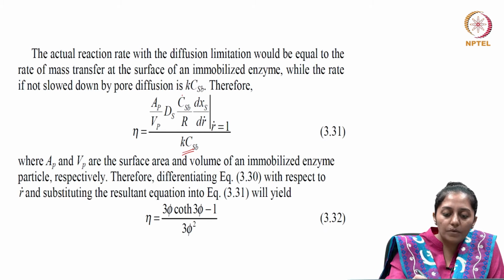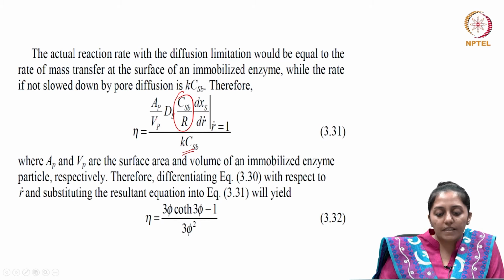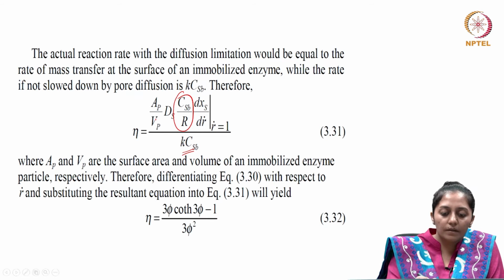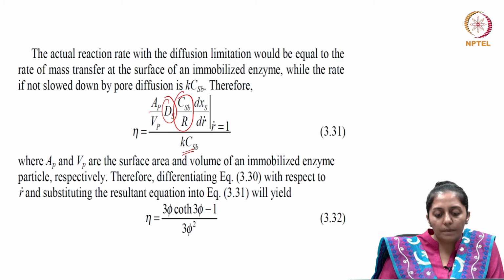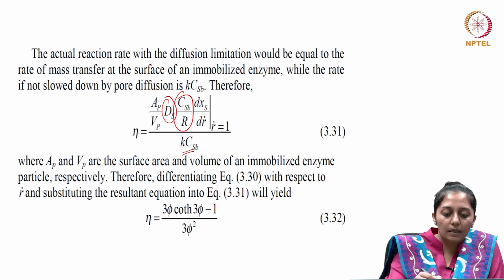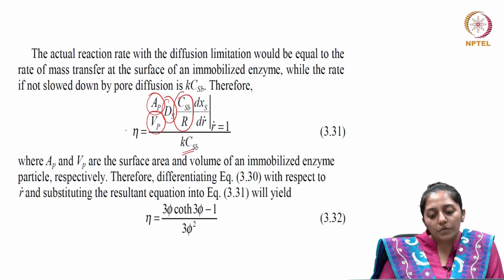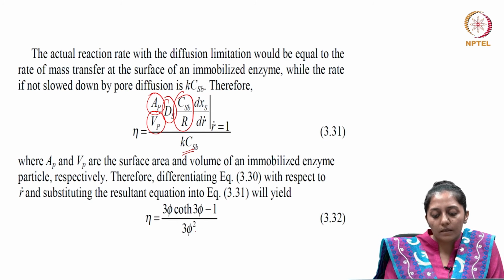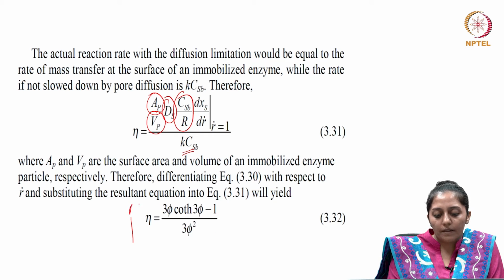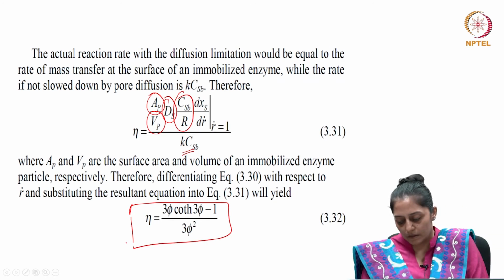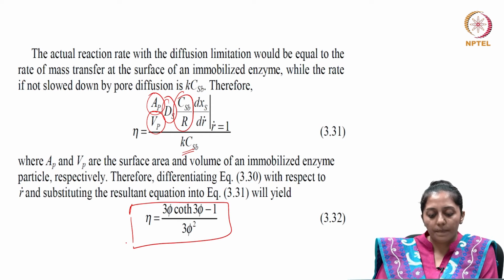So, then outside we will have Cs_b and R, the diffusivity constant, and the area of the particle and the volume of the particle. So, this would be your reaction rate. If we solve this, the expression for the efficiency factor comes in the form of the Thiele modulus.